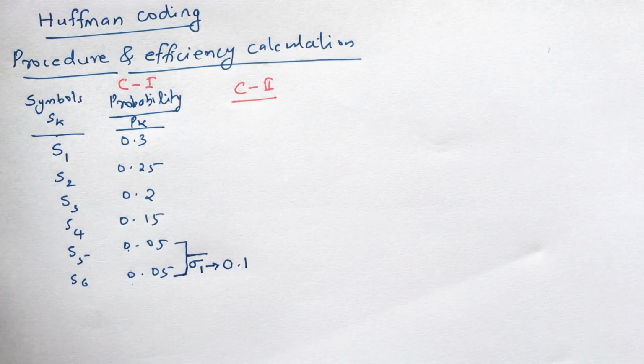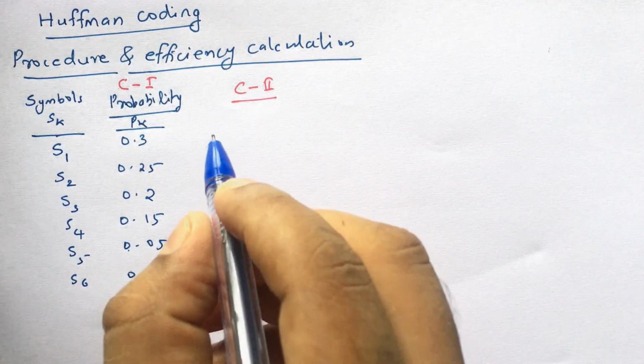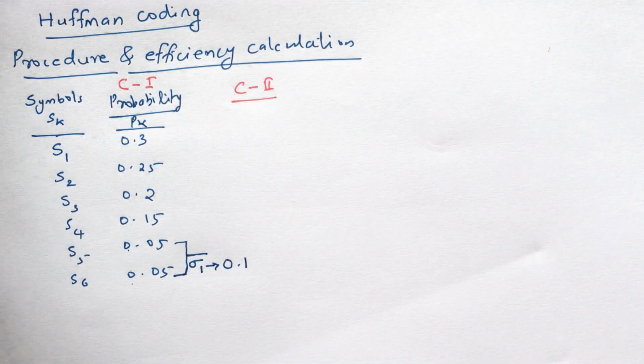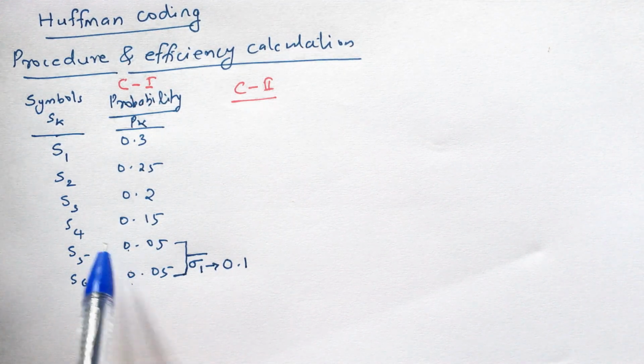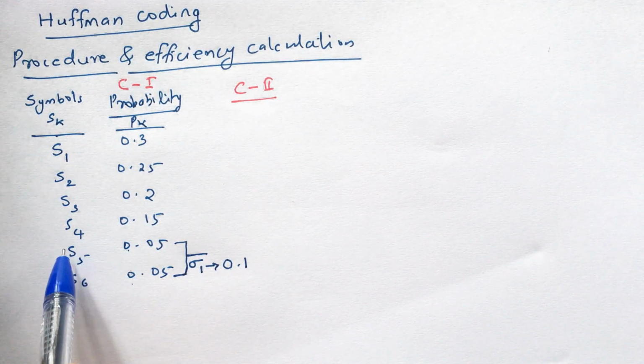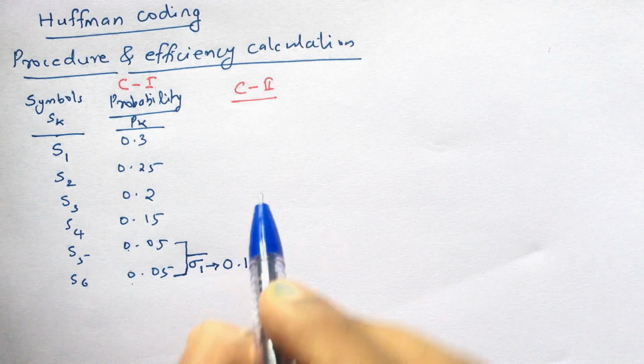Now I am generating the next column. In the next column also, we need to arrange the symbols in the decreasing order of their probability, excluding S5 and S6 and including sigma 1.